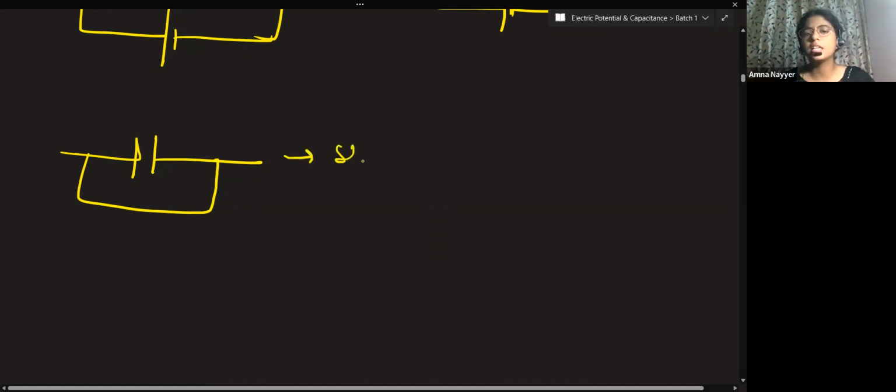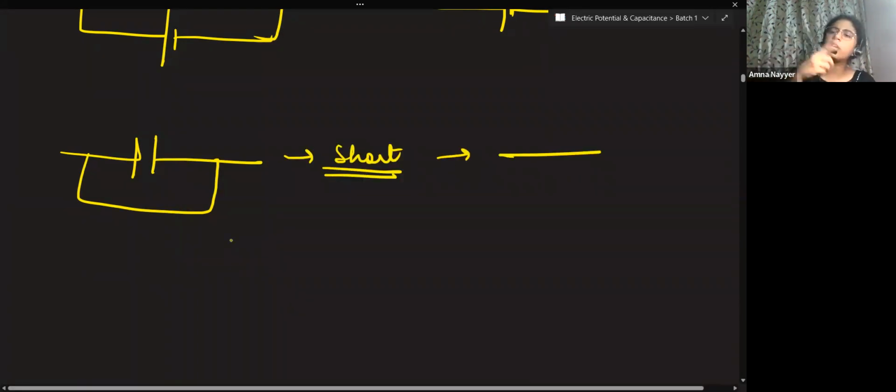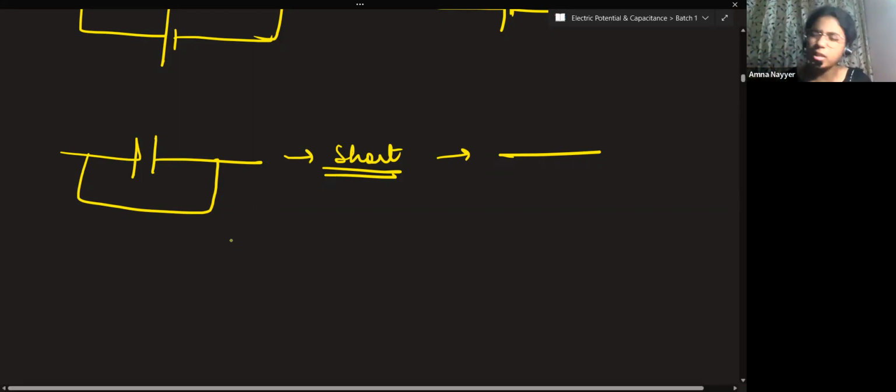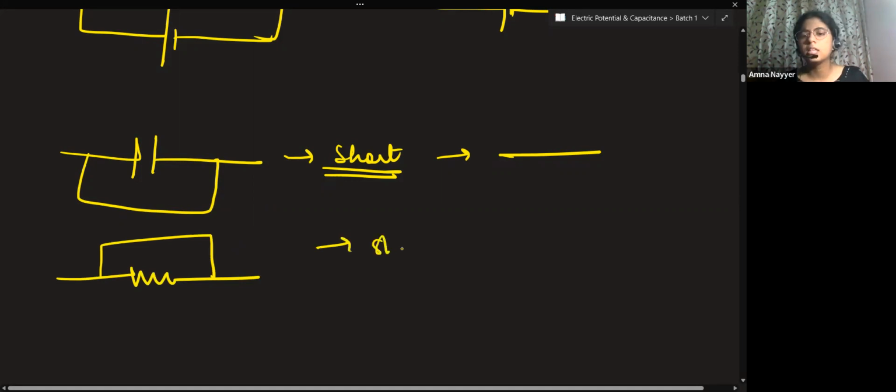Then you say short circuit is there, and you can replace it with a single wire. So if you have a very complex circuit, just replace it with a single wire and your work gets easier. If the circuit gets shorted, then you have to remove the capacitor or whatever device you have. In case of a resistor also, we'll see the same. Resistor is there, add a wire, your circuit becomes short, so you can write it as a single wire only.